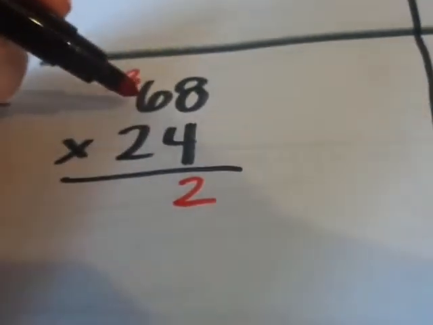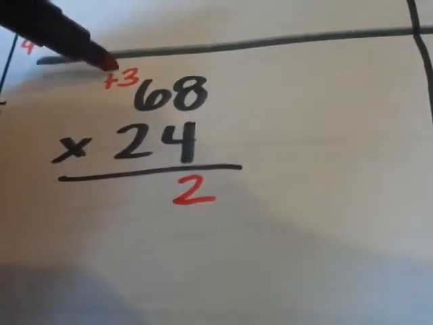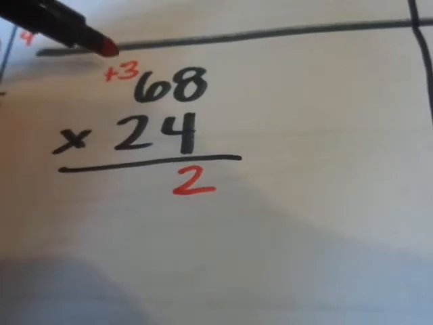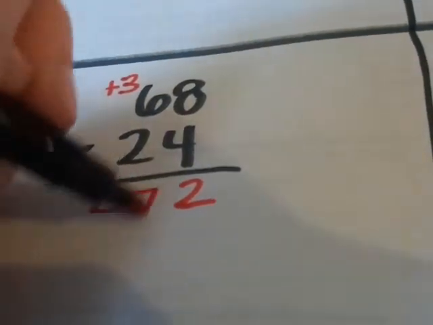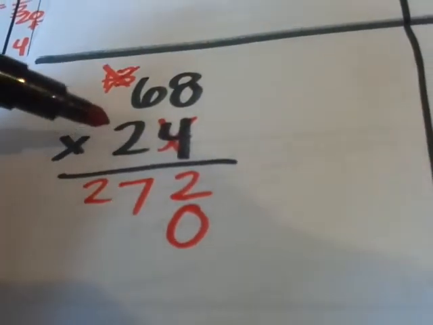And we can solve this traditionally as well. Okay, you start with 8 times 4, 32. Carry my 3. 6 times 4, 24, plus 3: 24, 25, 26, 27. Done with this. Add my 0. Next place value. 2 times 8, 16.